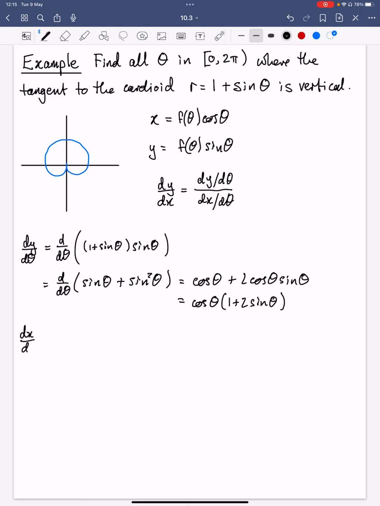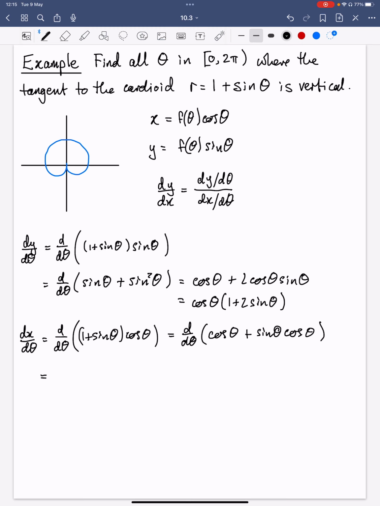Dx by d theta, the next task. So it is equal to d by d theta of 1 plus sine theta times cosine theta. Multiply that out, I can get d by d theta of cosine theta, and now sine theta cosine theta.